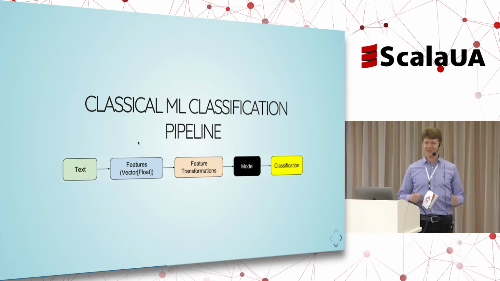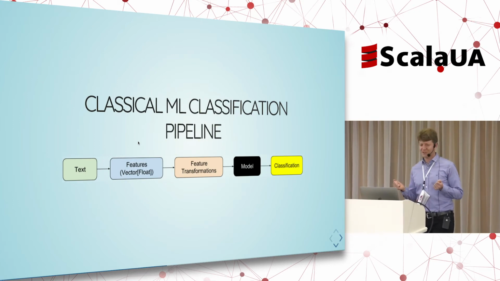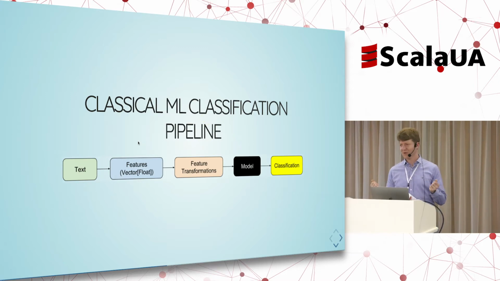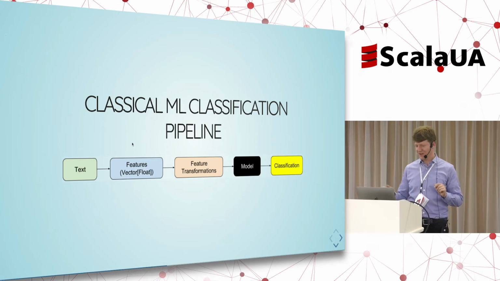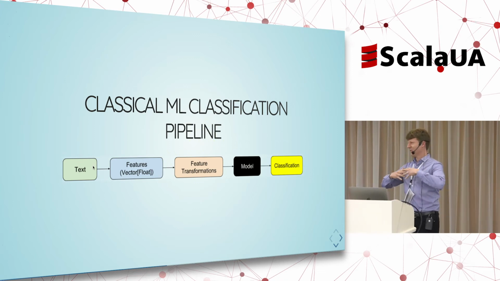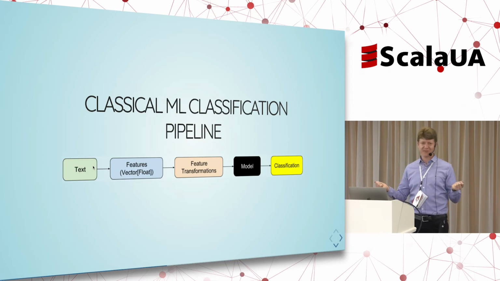So if you take a look at the classical text classification pipeline, at the beginning, of course, we have some text, some HTML, and this text then has to be converted into feature vectors, which are just in the end vectors of floating point values.